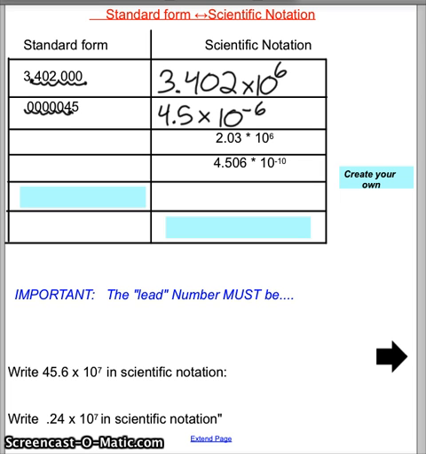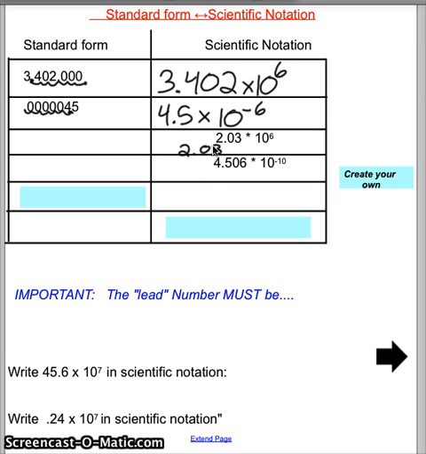All right, now it's also a skill being able to go backwards. Okay, so if I give you something in scientific notation, I expect you can put it back in standard form. So here we have 2.03 times 10 to the 6. So we're starting with 2.03.